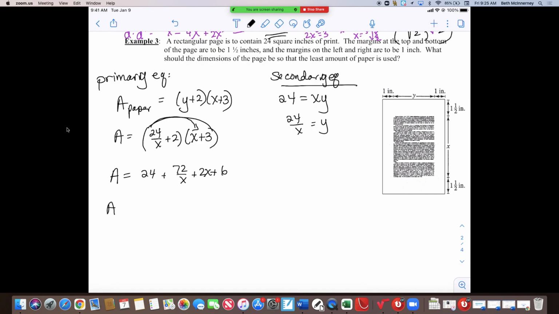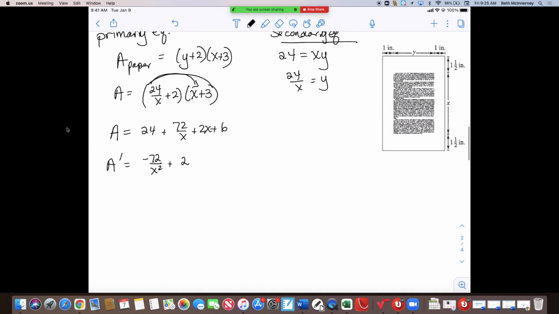All right, so now I'm ready to take the derivative. 72 over x is really 72x to the negative 1. So that's negative 72 over x squared plus 2. I'm going to set that equal to 0.